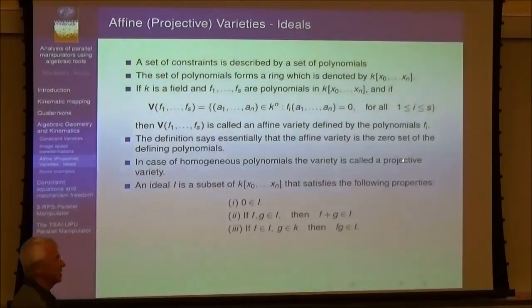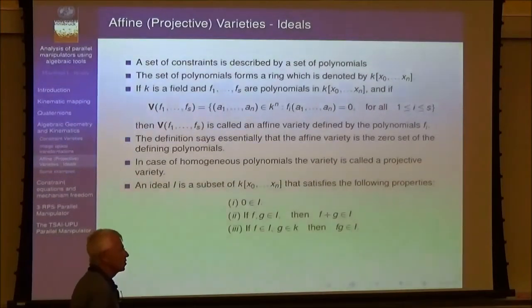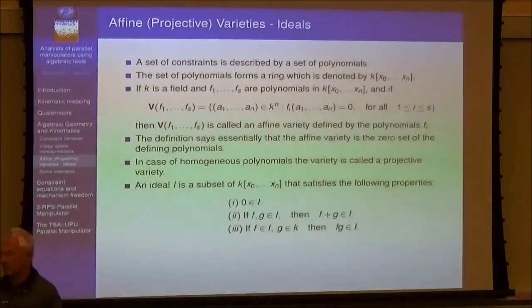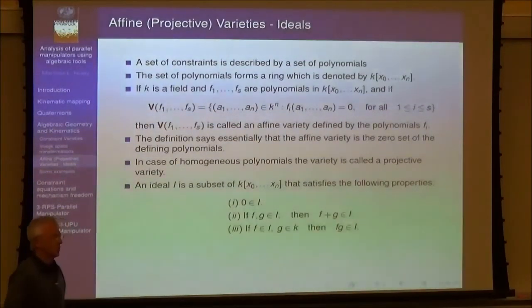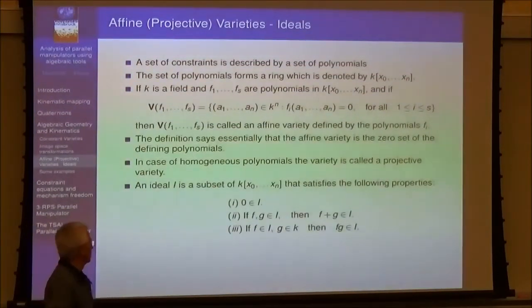But now we define subsets, subsets which are interesting for our engineering kinematic problems. And these subsets are called ideals if the following three things are fulfilled. The zero polynomial is always contained. The reason is, when you have the polynomial, then you have all points in space.